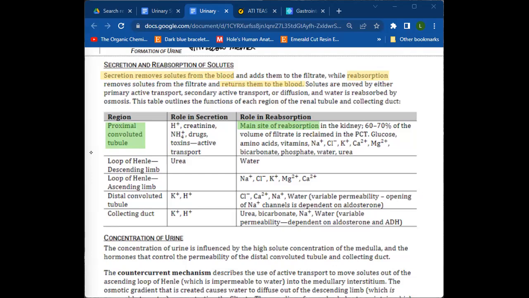Then we also need to know what some examples of things are that are going to be put back into the bloodstream. That would be things like glucose, amino acids, vitamins, sodium, all those ions, bicarbonate, phosphate, water, and urea.